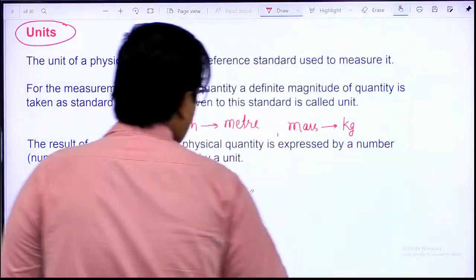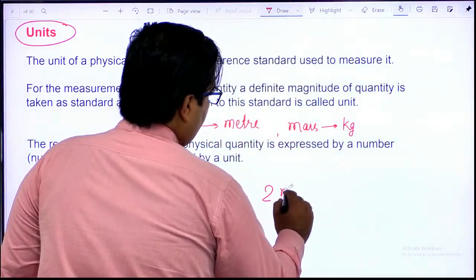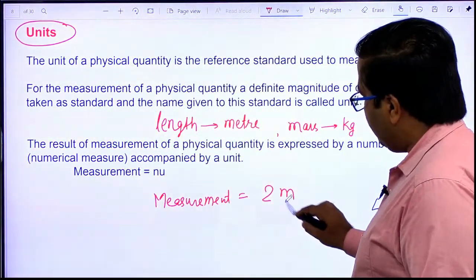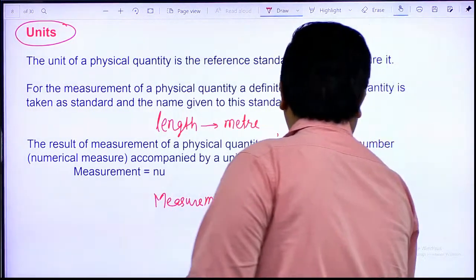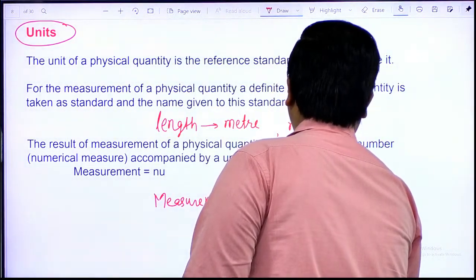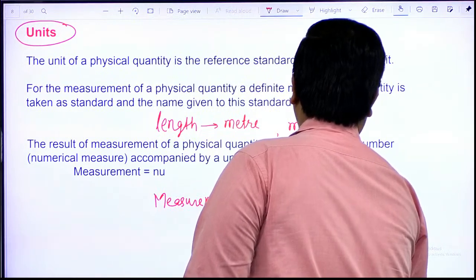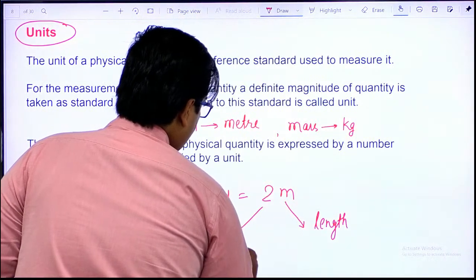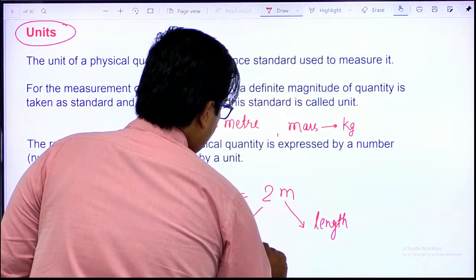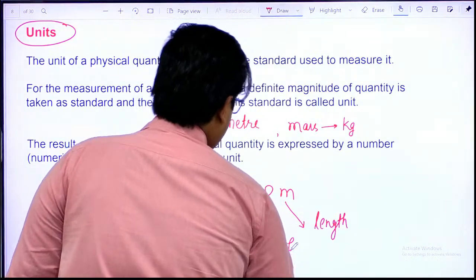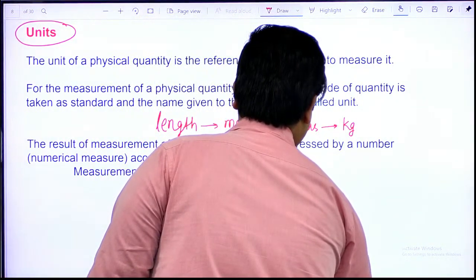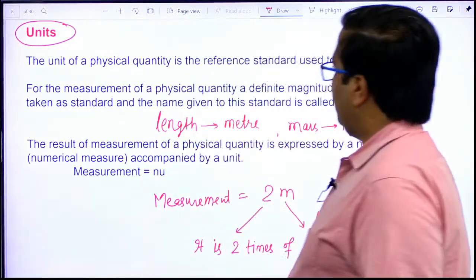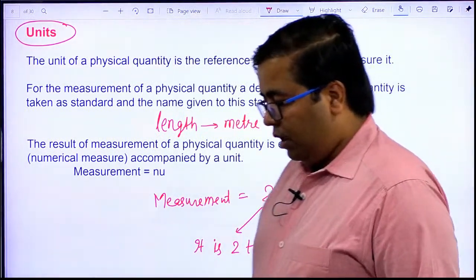For example, you have 2 meter. Meter is your reference, and the physical quantity is length. It tells you it is 2 times the reference, and the reference is meter. That's how we measure every physical quantity.